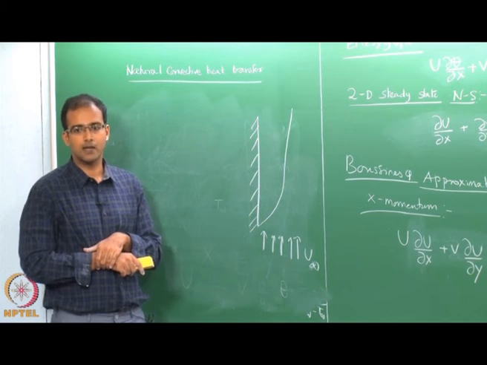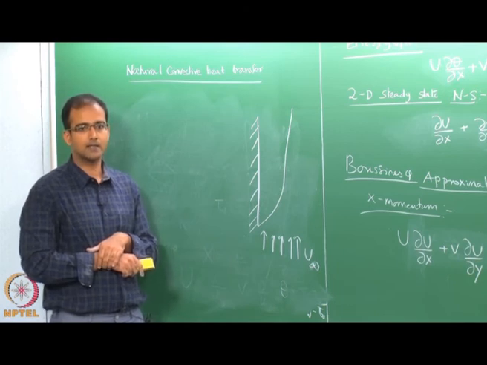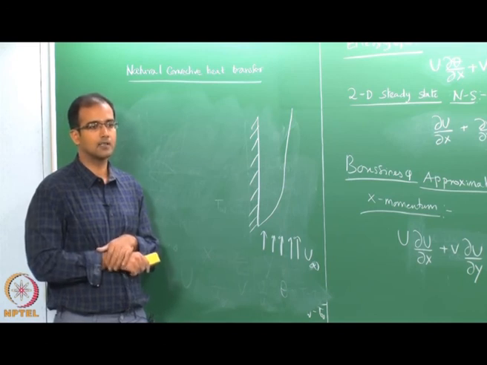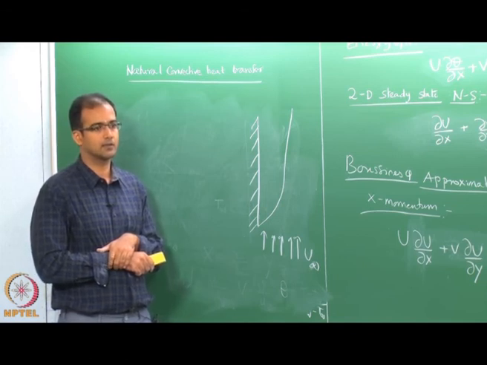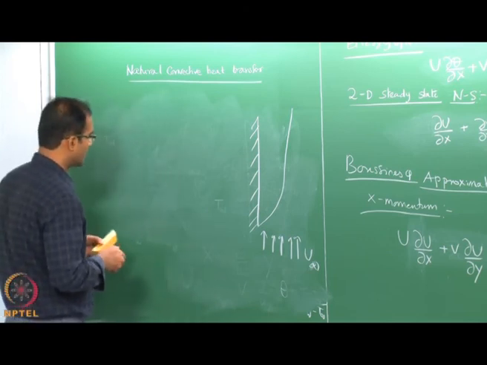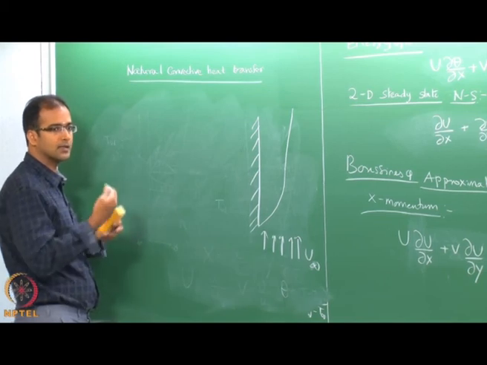So, when you define the Reynolds number in that case, you can define Reynolds number using u infinity, okay, which indicates the external bulk convective motion, and the Grashof number is still decided by the ratio of buoyancy to viscous forces.